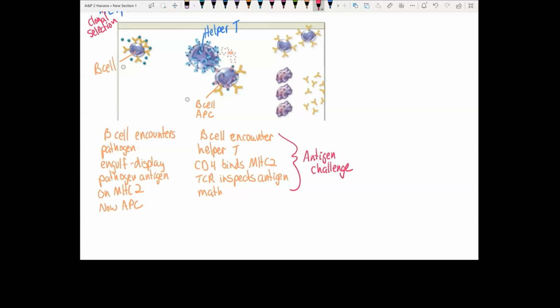Once you find your match, not math, match, then the helper T secretes interleukin-4.